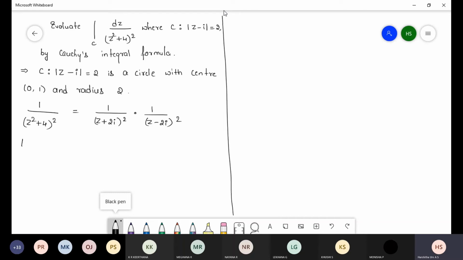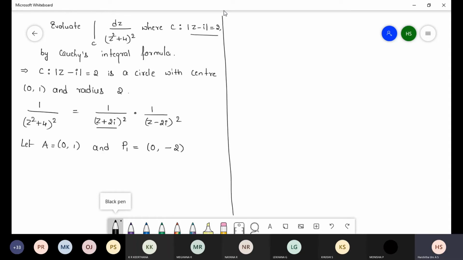Next, the points they have given from the circle, we can call the center A. The first point P1 I will write as (0, minus 2).